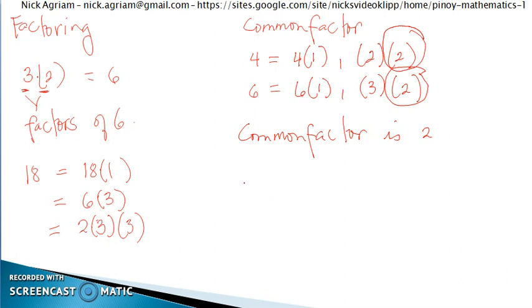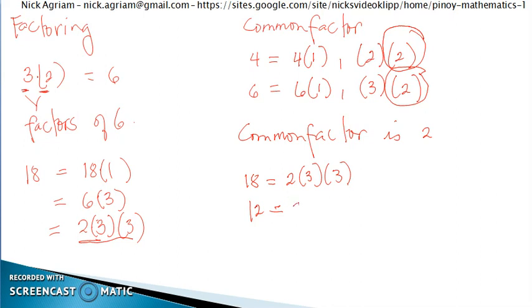Let's try more. If we have 18 and 12, for 18 we already discussed: we have 2 times 3 times 3. If you remember your factors, then it is very good.